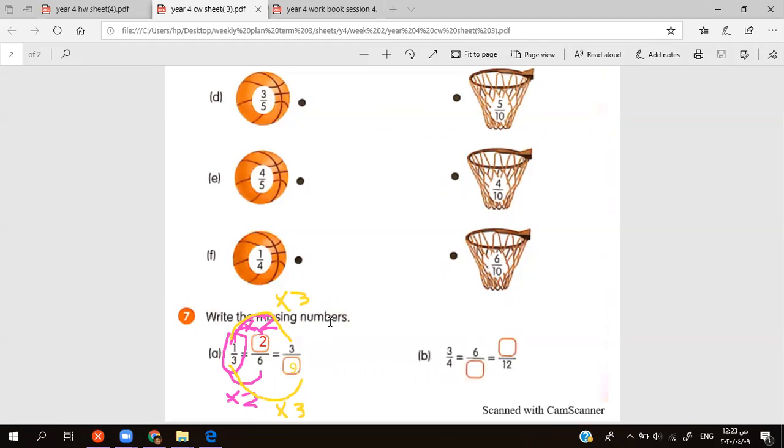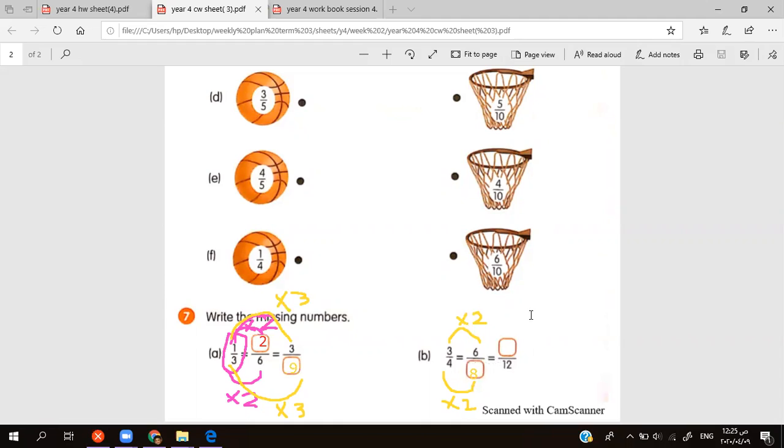Okay. Try to do it here. Remember, you'll always start from the 3 over 4. So now I always start from the complete one. How did the 3 become a 6? By multiplying by 2. So I'm going to also multiply the denominator by 2. 4 times 2 is going to give me what? An 8.